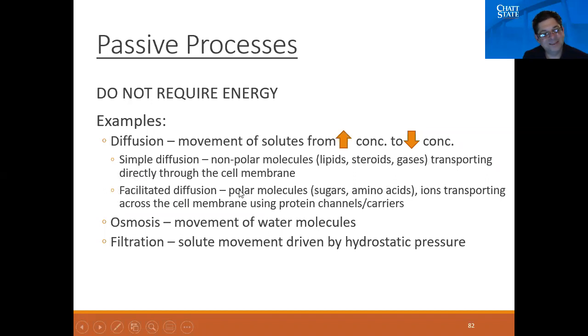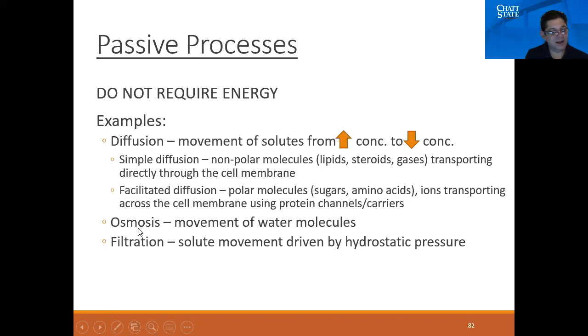Facilitated diffusion uses polar molecules, sugars, amino acids, and ions, anything with a charge. Now, I'm not saying an ion is polar. Here are the polar molecules right there, sugar and amino. But ions do have a charge, so they also need help getting across. And that help comes in the way of what we call a facilitator, which is going to be that membrane protein, a channel or a carrier.